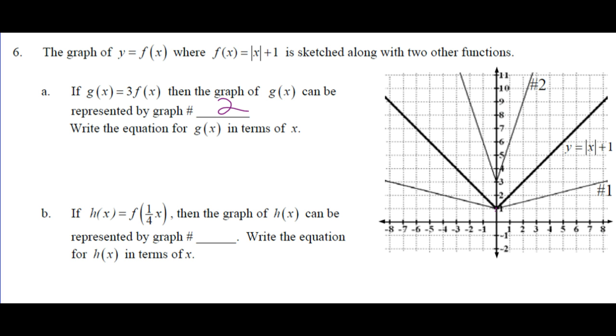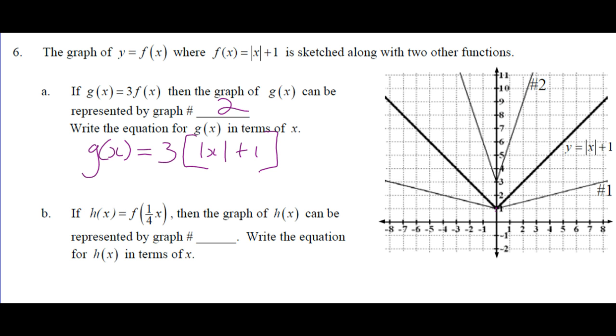Write the equation for g of x in terms of x. Really all we've got to do is write g of x is equal to 3 times f of x. So what's f of x?